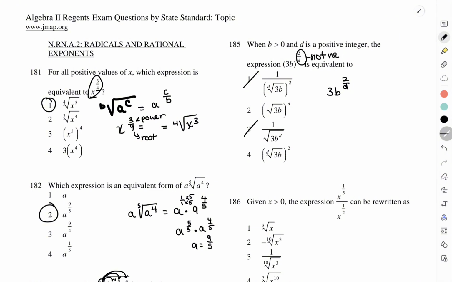The only time that we do 1 over an expression is when our exponent is negative, and in this case it's not negative. So when we rewrite this, we're going to write it as the d-th root of 3b squared. So that's going to align with answer choice number 4.